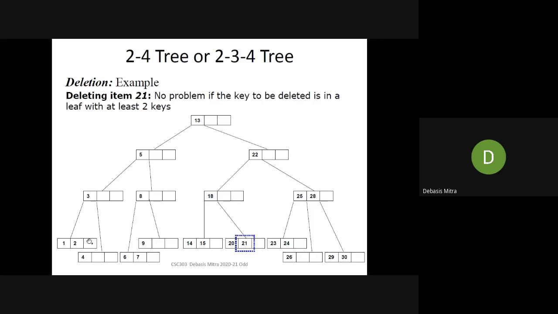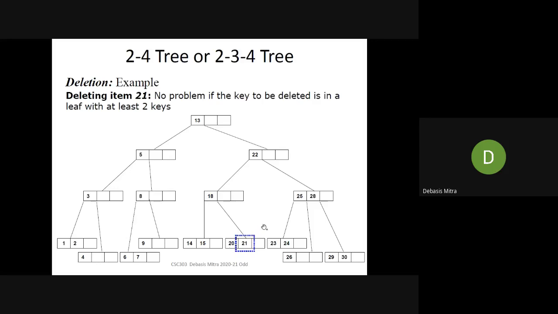It is just a space constraint, which is why I had to draw it this way. You can easily check that all leaves are at the same depth. Looking at first sight, it may appear that leaves are at different levels, but you just check it. Now, as I've said, deleting an item from any leaf will be trivial.